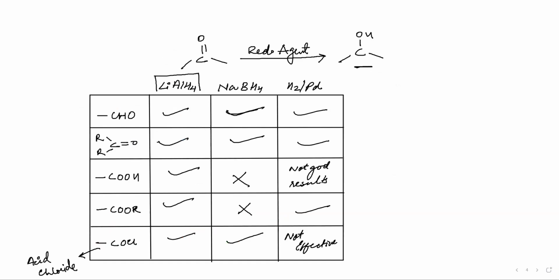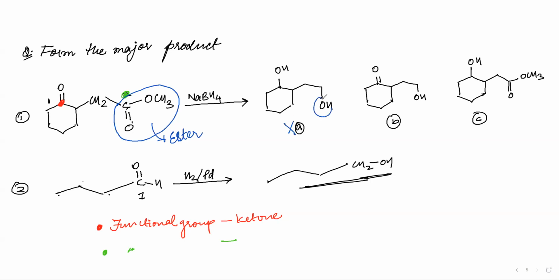See, COOR. Got it? And NaBH4 does not reduce esters. So A will not be a product because it is reducing esters, and also B will not be a product because it is reducing esters. C will be the product because here only the ketone is reduced by NaBH4 and the ester group is intact. Got it?